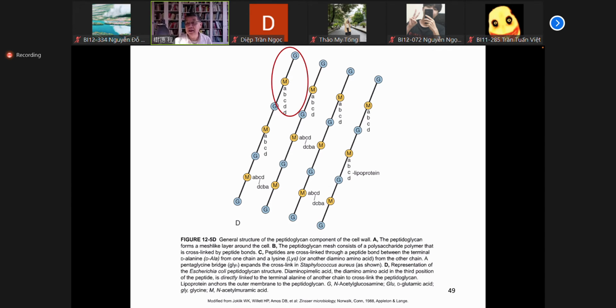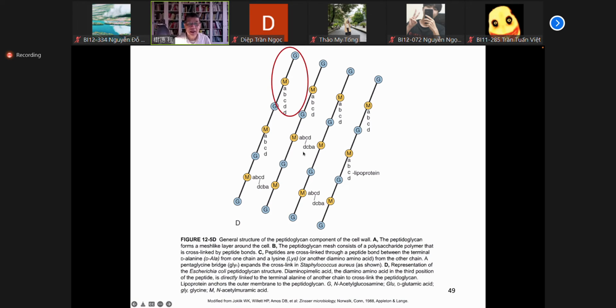So you have learned this in biochemistry. Have you learned biochemistry? Biochemistry is another very important science that you have to learn. Okay, so this is a very simple diagram of the glycan as a straight chain, and then the peptide is a cross-link.